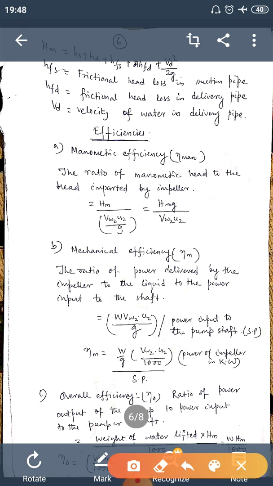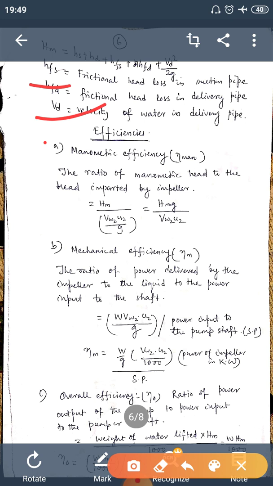So what are Hfs and Hfd? Hfs is the frictional head loss in the suction pipe. Hfd is the frictional head loss in the delivery pipe, and Vd is the velocity of water in the delivery pipe.